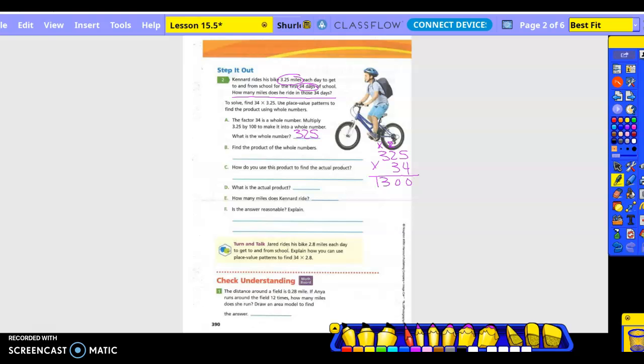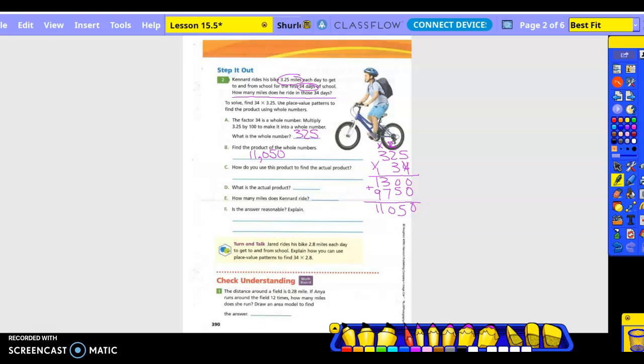Mark off my regrouping, mark off my ones place and put a 0 to move to the 10 spot, right? 3 times 5 is 15, put a 5, carry the 1. 3 times 2 is 6, plus 1 is 7. 3 times 3 is 9, and then I'm going to add 0, 5, 10, carry the 1, 11.